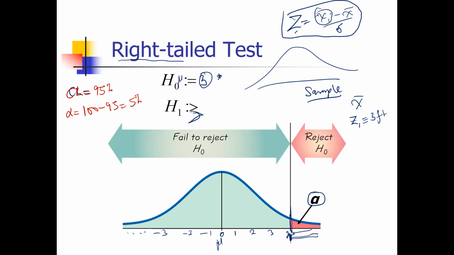So our alpha will be 5%. Okay, and as pointed out, once you get your alpha, it's better to have it in decimal because we are using a table that has the values in decimal.